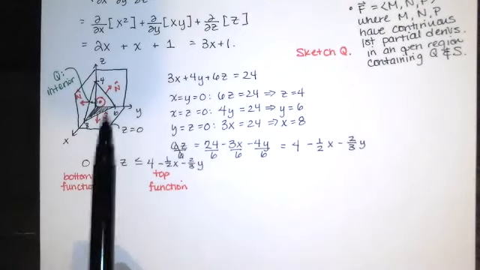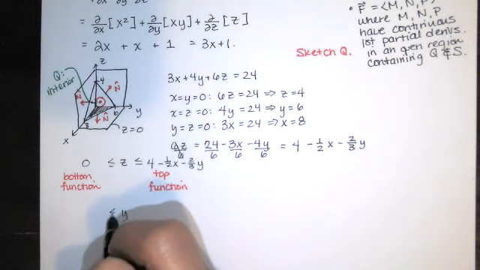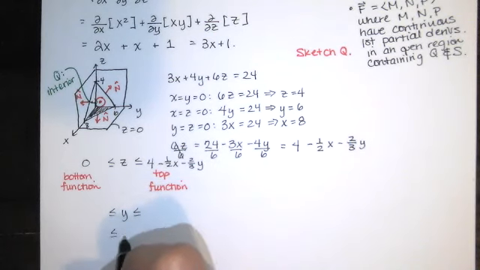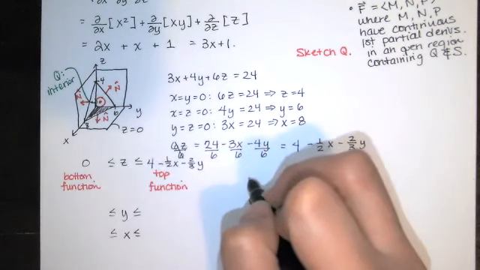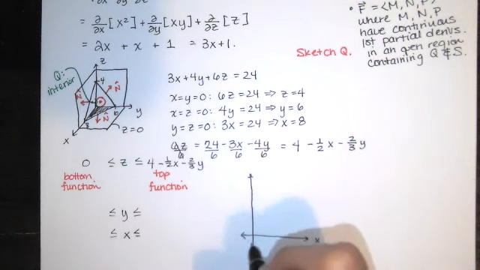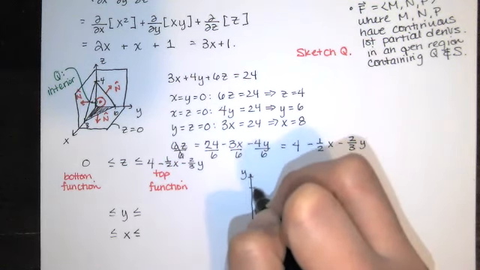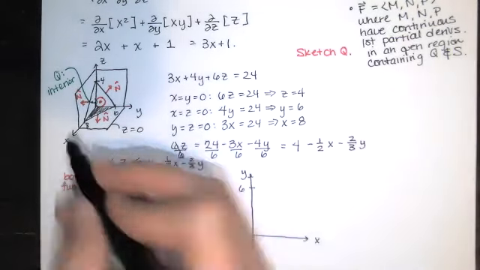Okay, now to find the bounds for x and y, we need to look at the projection of the surface onto the xy plane. So it's that little triangle. So that's what we've been calling R. And it intersects the y-axis at 6 and the x-axis at 8.